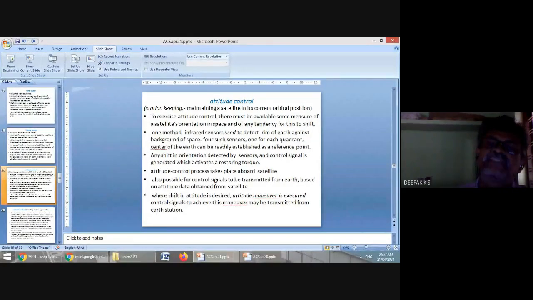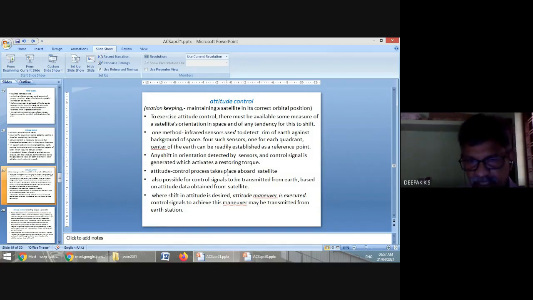If you have four such sensors, one for each quadrant, the center of the Earth can be readily established as a reference point, whereby we can have an idea of the orientation. Any shift in orientation can be detected by the sensors, and a control signal is generated which should activate a restoring torque.